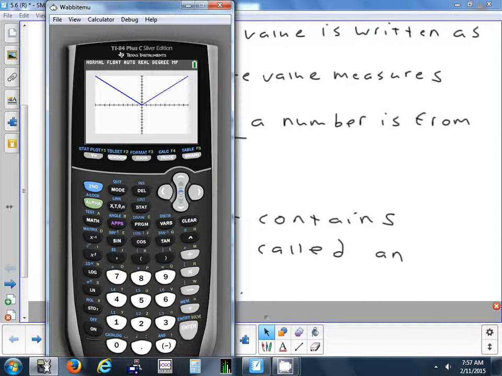So my question is, if I put a horizontal line anywhere in that screen, how many times would it intersect the V shape? Well, you might say it depends. If you put the horizontal line at 5, it intersects that V shape twice.